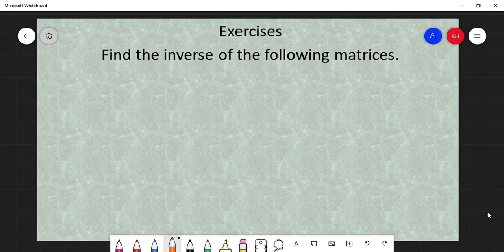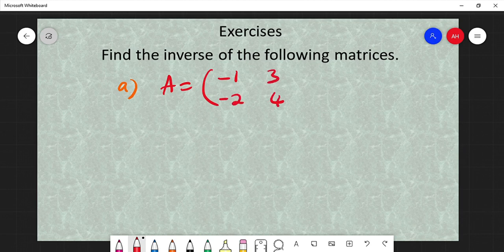Before we finish discussing the determinant and the inverse of a matrix, let me write down some exercises so that you can try them out whenever you have free time. The exercises ask us to find the inverse of the following matrices. Number one, matrix A equal to negative 1, 3, negative 2, 4.